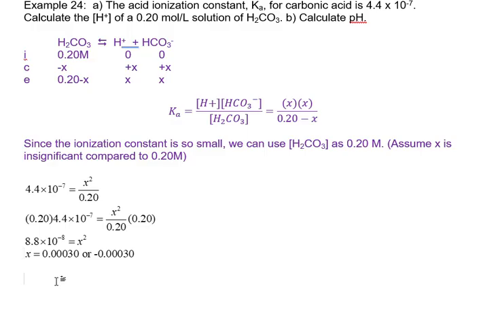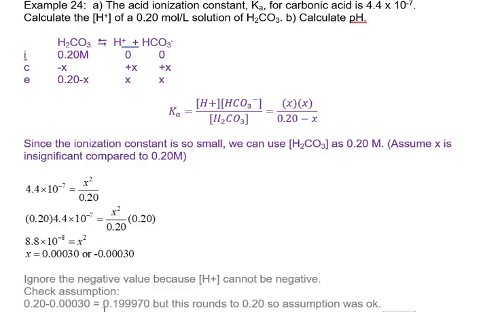So we've got our value for x, but what we need to do is check if that assumption we made earlier is correct. So we assumed that x was significantly smaller than the 0.02, or in other words, it's insignificant when we do the subtraction. So when we do that subtraction, we get 0.199970, but if we're rounding to 2 sig figs, it rounds to 0.20.